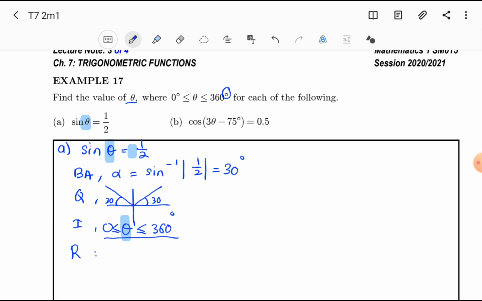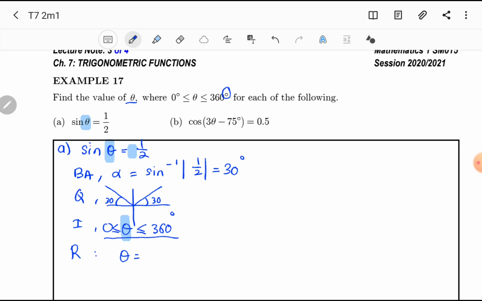There isn't, right? Negative angle is not included in the range. So we do not need to find negative angles. We don't have to go down clockwise.